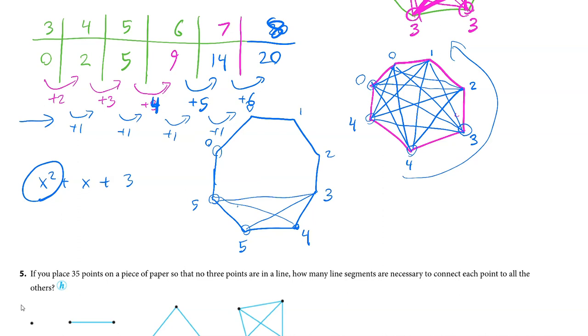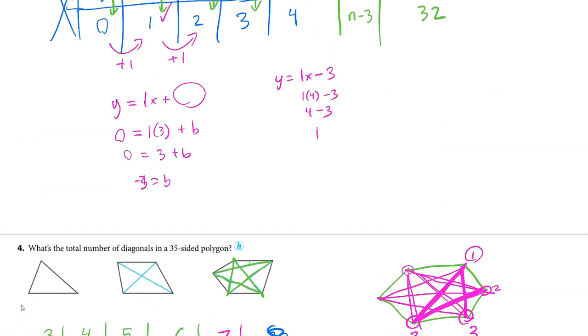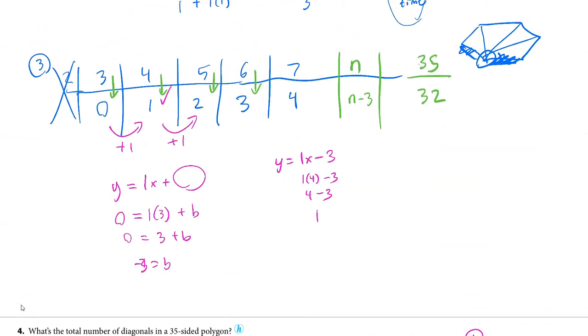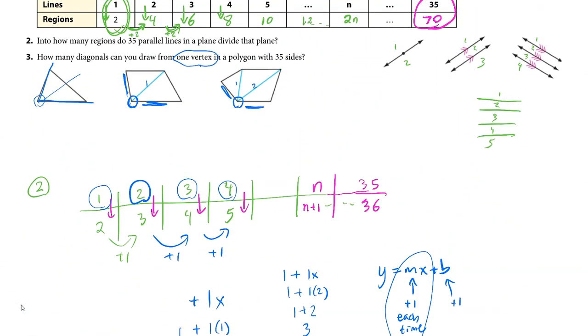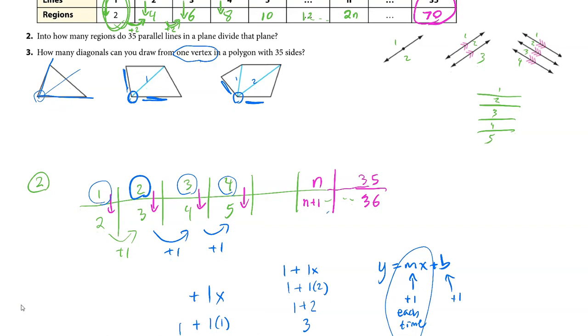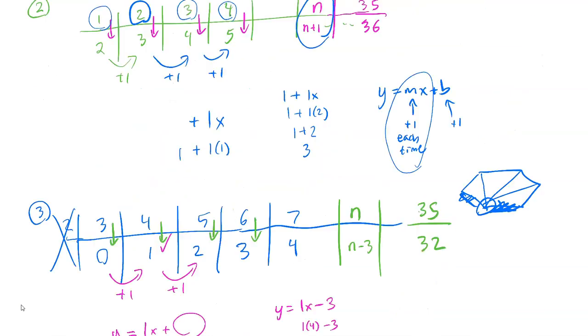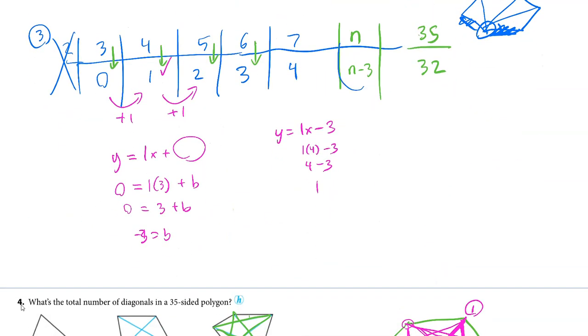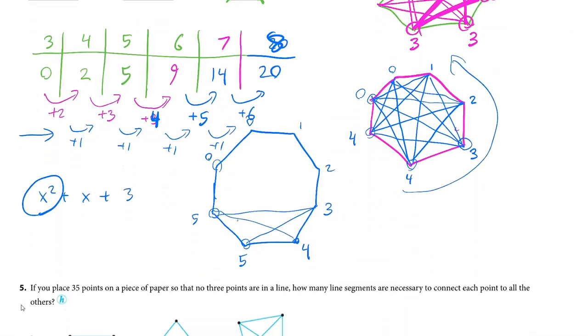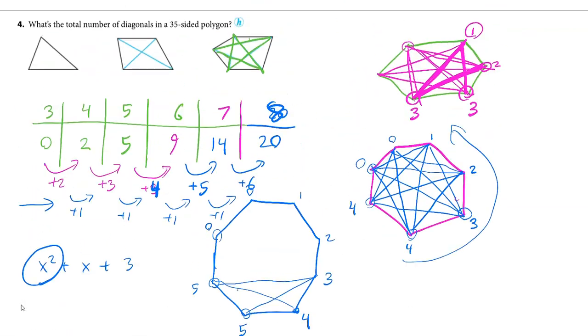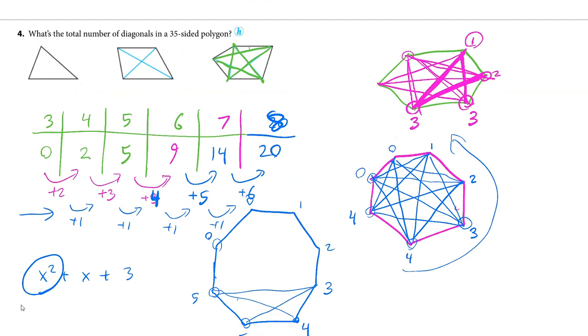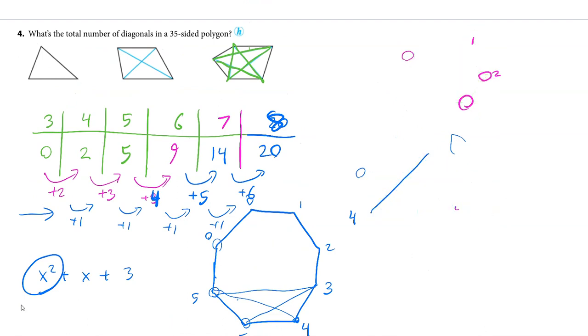Now, how to do a quadratic is kind of hard, so let's instead use what we already knew, right? So we already knew that from any one vertex, for n vertices, you could draw n minus 3 diagonals to each one. Okay, so let's think about that. So what I'm going to do here is erase some of this work, or actually I'm going to do a better job by just circling it and deleting it.